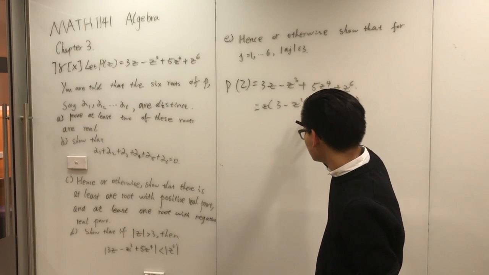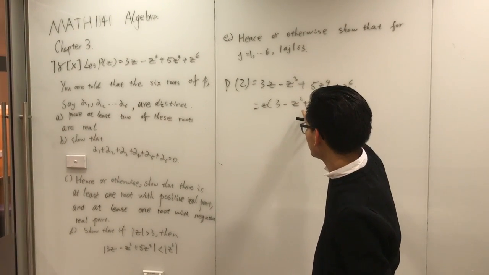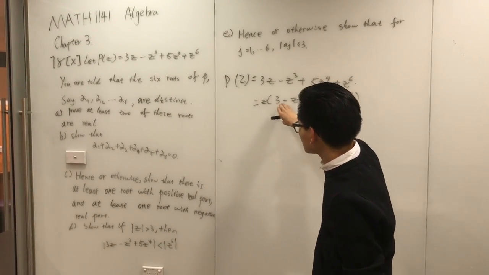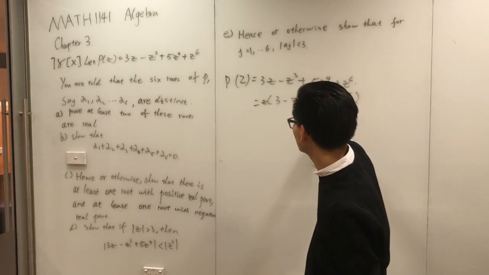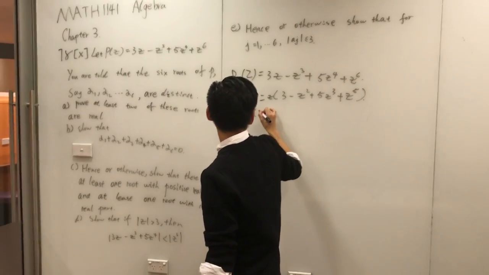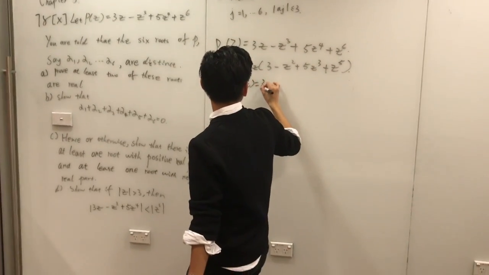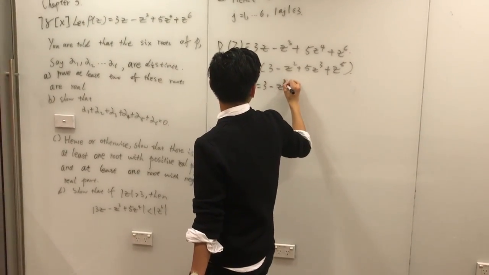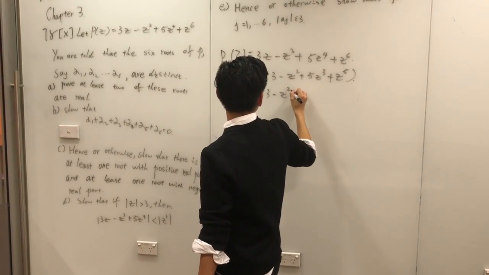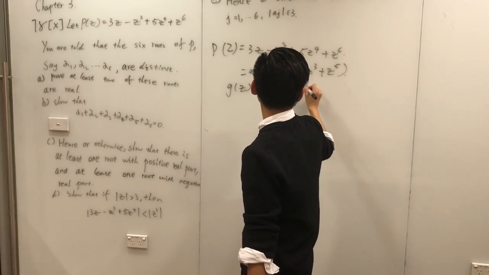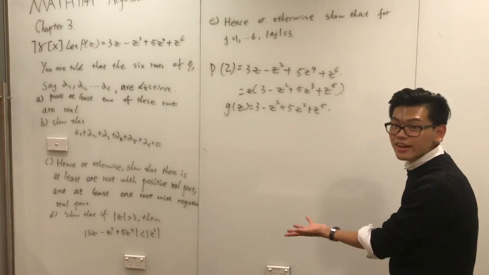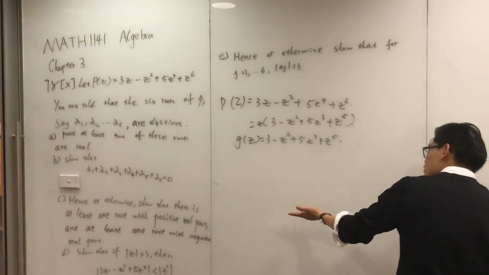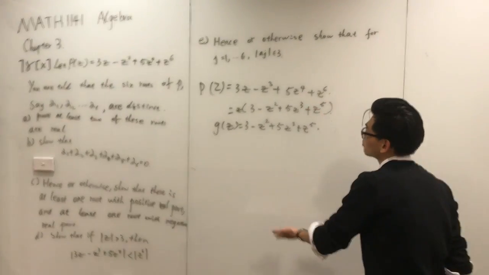We need to find another root, which is substituted in 3 minus z² plus 5z³ plus z⁵ equals 0. So we say the equation is g(z) equals 3 minus z² plus 5z³ plus z⁵. We need to find another z, substitute in this equation and make it equal to 0.